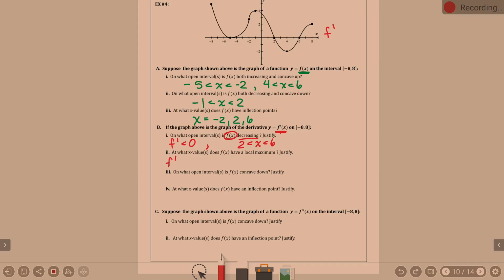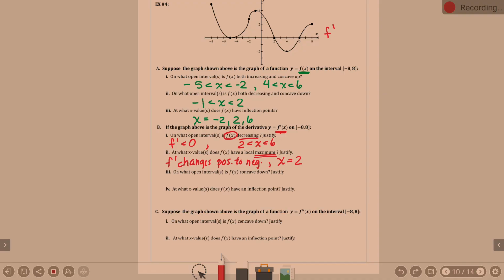So we only want to look at when f prime changes from positive to negative. At which of those points does f prime change from positive to negative? 2. And that is x equals 2. Sorry, I'm doing my justification first and then my answer, but as long as it's all there. And that was specifically a max.